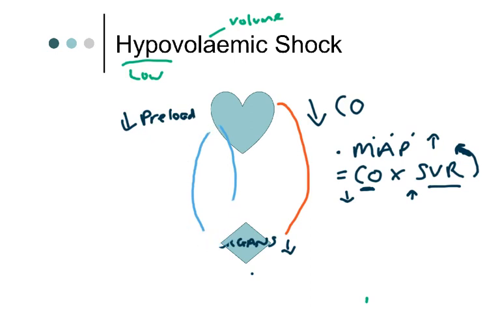So we're looking at the venous system here, and what happens is these tubes are squeezed essentially to try and increase systemic vascular resistance and increase preload to the heart. Then this will increase cardiac output and blood flow to the organs is restored.